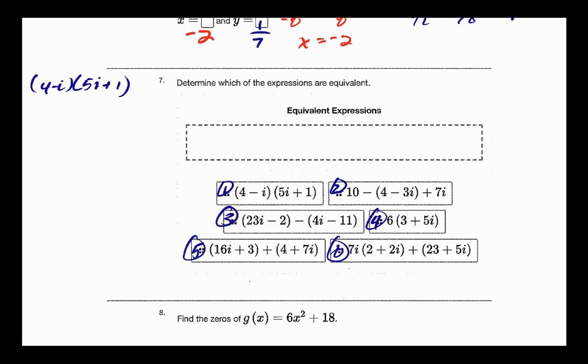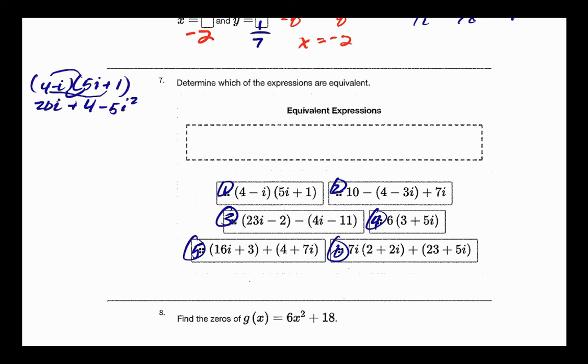So remember, first terms. On this one, I'll have 20i. Outside terms will give me plus 4i. Inside terms are negative 5i squared.